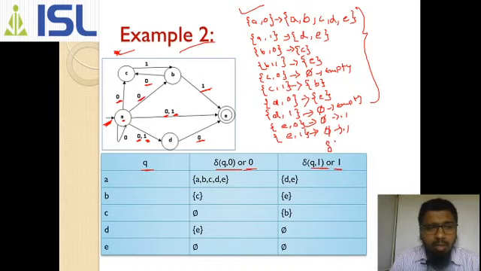Delta, present state comma. Present state means whatever the state we have here, like A, we are taking A here, present state, comma input symbol.